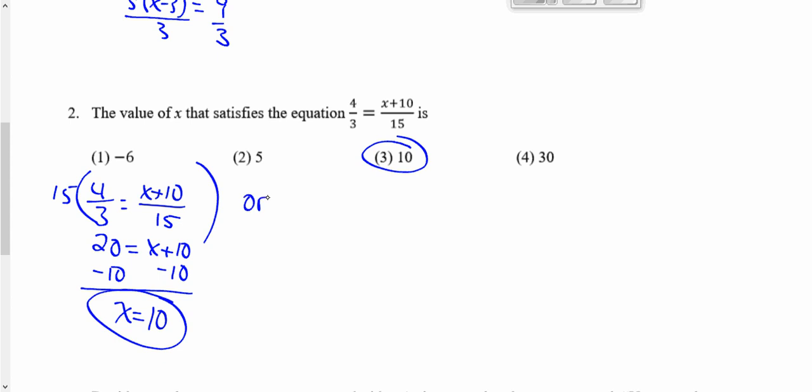Let me just show you the other way. When you have a fraction equaling a fraction, have you done stuff by cross multiplying? You heard of cross multiplying? Okay, just watch here.